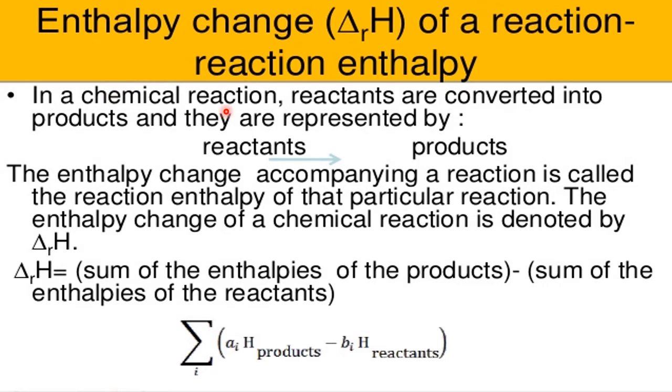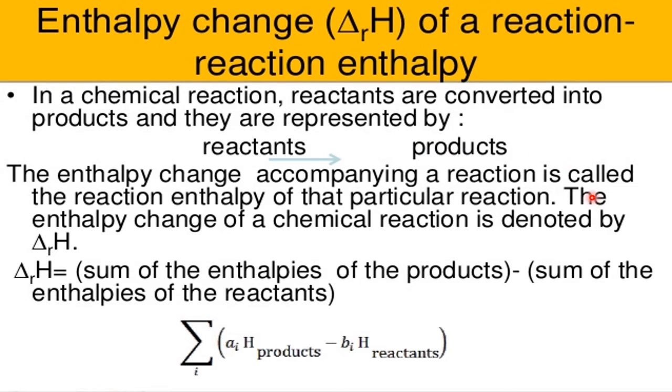So in a chemical reaction, reactants are converted into products and they are represented by a general equation like this. So reactants are converted into the products. Now the enthalpy change accompanying a reaction is called reaction enthalpy of that particular reaction. So this is a general reaction. Whichever reaction you carry out, that reaction's enthalpy you have to calculate.